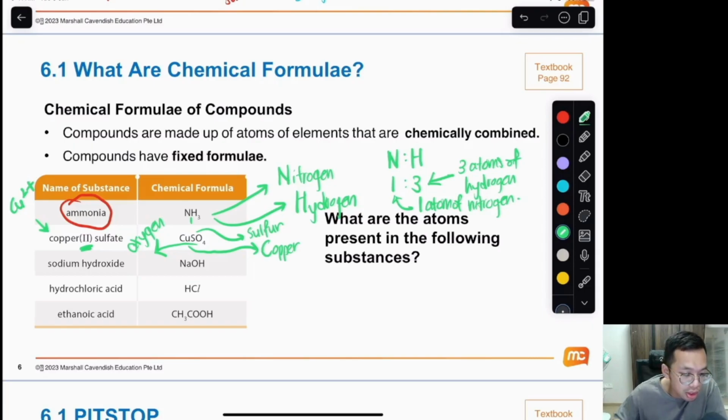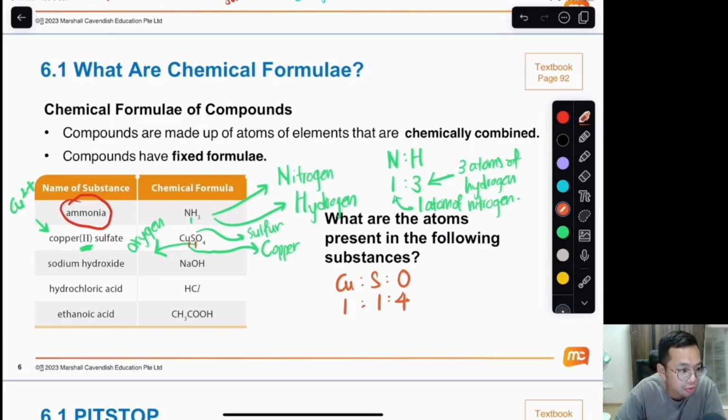For oxygen, there is a small subscript of 4. What do you think that means? A subscript of 4. So if I were to write it in ratio, copper is actually Cu1, sulfur is actually S1, and O4. So it will be 1:1:4.